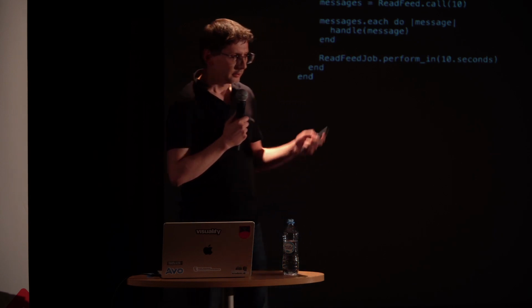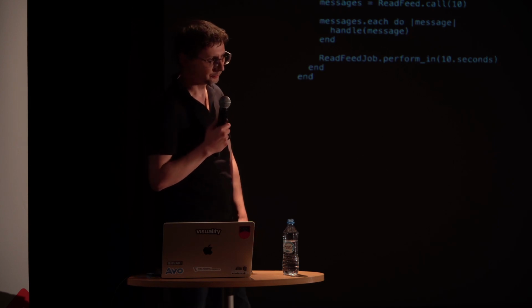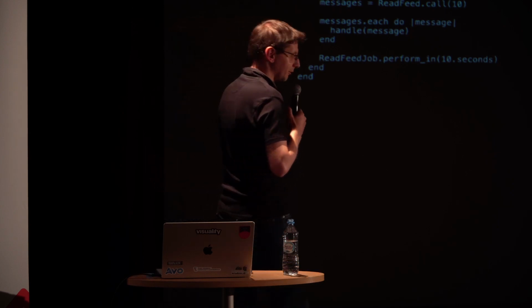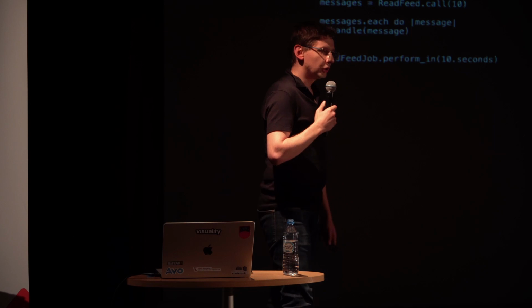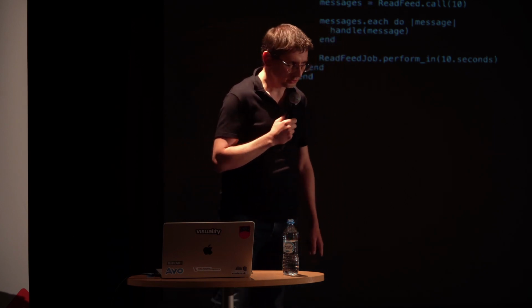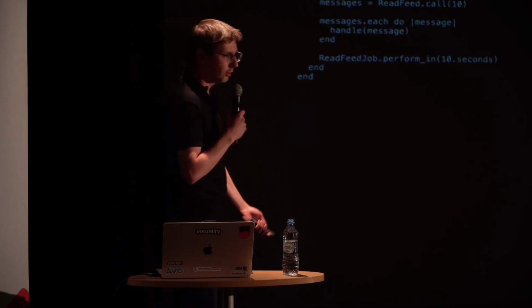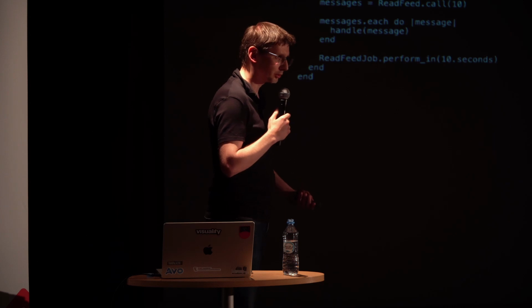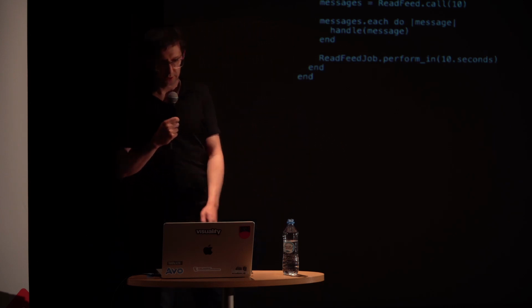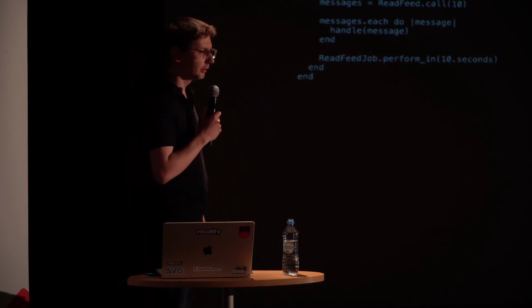This job will execute at least once if everything works. Not exactly once, at least once. By definition of how Sidekiq works, and it's not a flaw, it's the definition of how it works, this job will be executed at least once, which means that it can be executed twice.